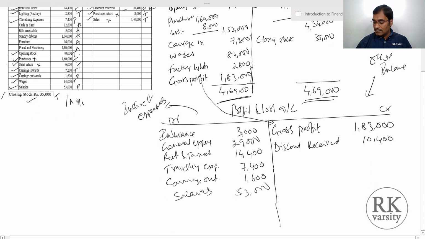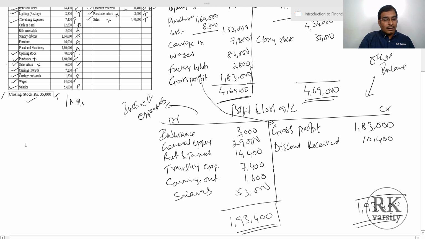Then we balance this again looking at the highest side. So this is 1,93,400. So we balance this 1,93,400. And now we calculate the net profit.